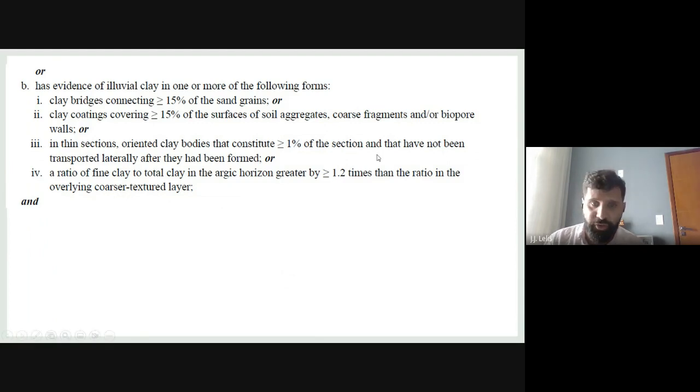Of course, it should be compared with the overlying coarser texture. We always should compare the argic horizon and this coarser texture layer at the surface or overlying the argic horizon. This ratio should be equal or higher than 1.2, okay?